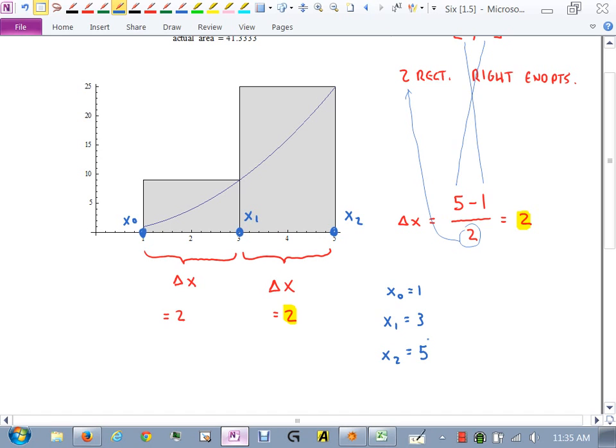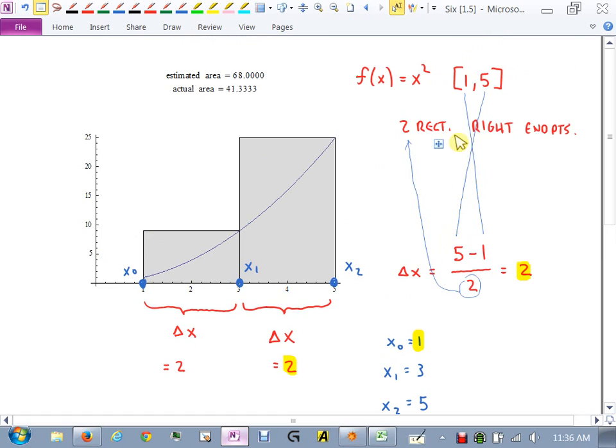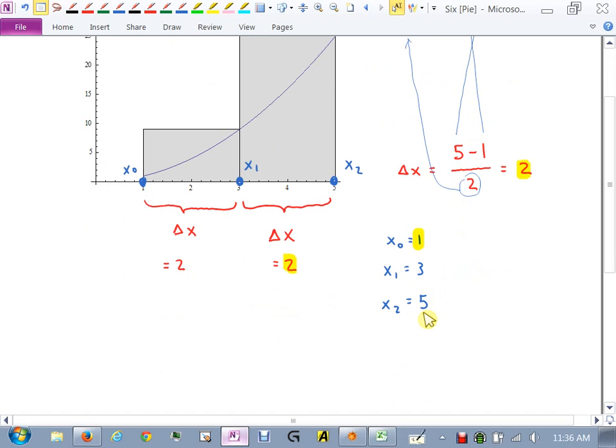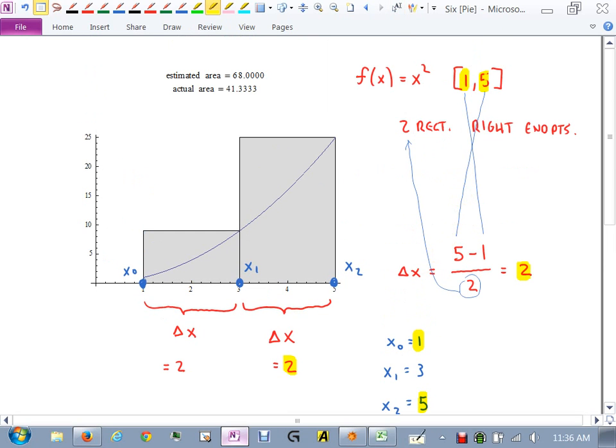Another thing I want you to recognize here is that x0 should always be the first number of the interval, right? And the last number, in this case x sub 2, should always be the last number, right?